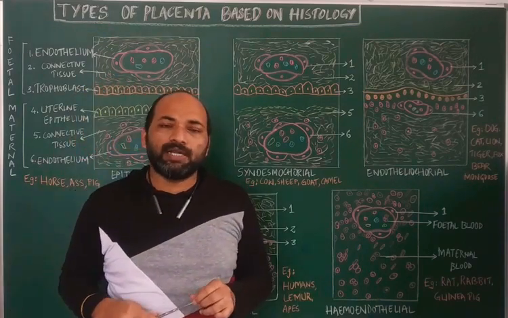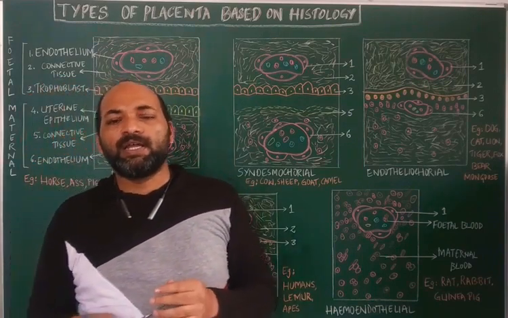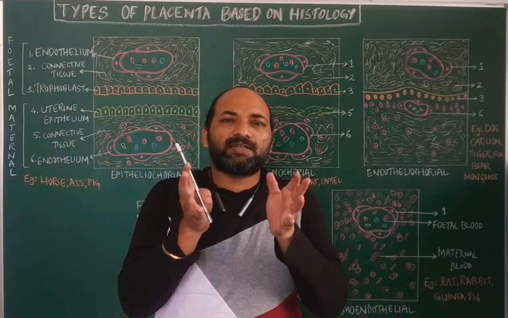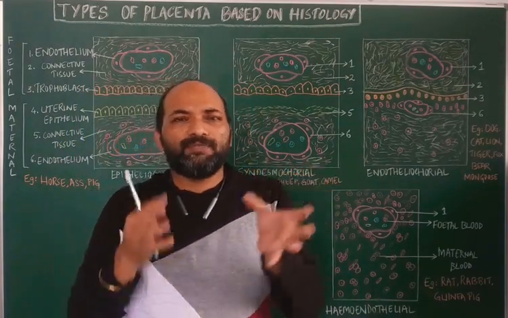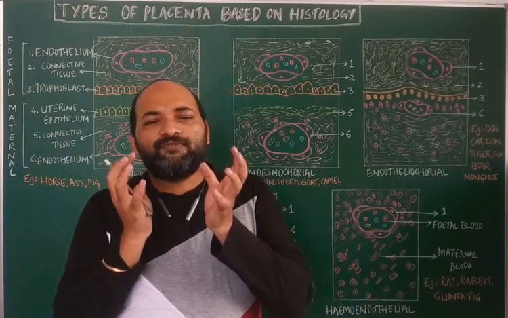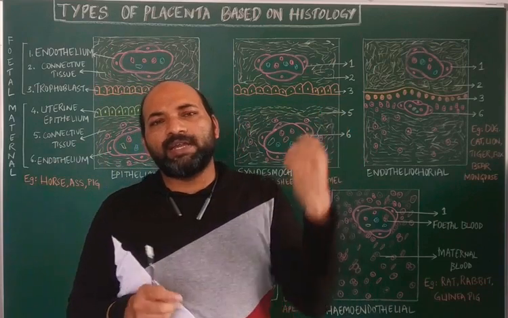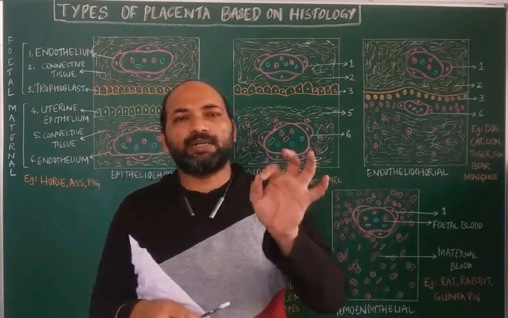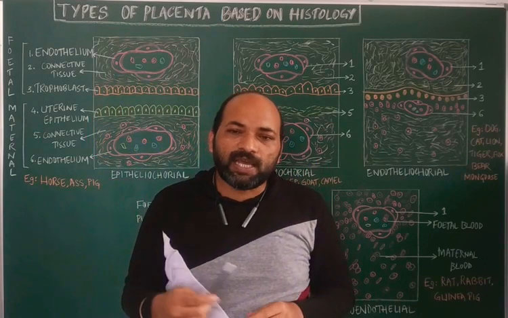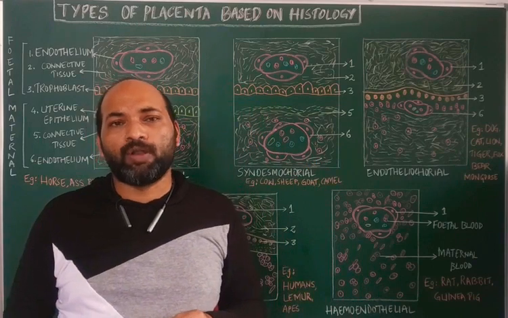Deciduate is one, non-deciduate is the second, and the third one is called contradeciduate. The contradeciduate type of placenta resembles the non-deciduate, and even the fetal placenta is absorbed into the uterine region. That is what we call the contradeciduate placenta, which can be seen in a mammal called the mole.